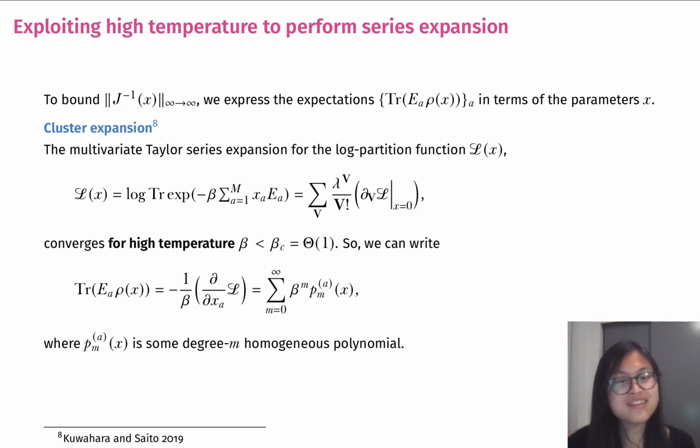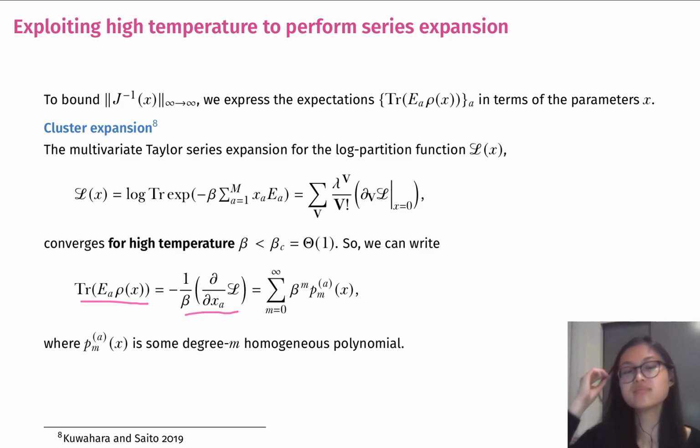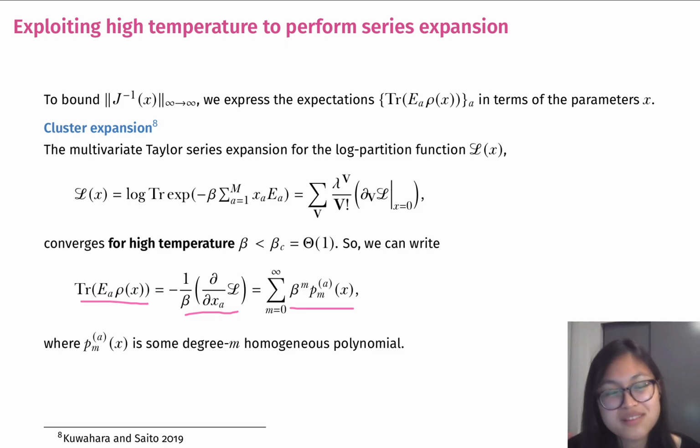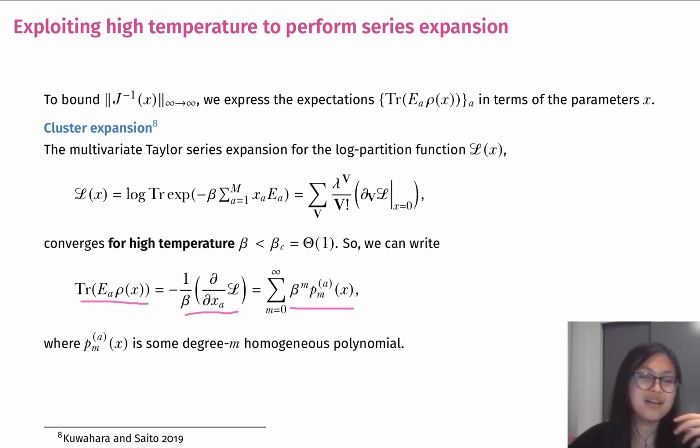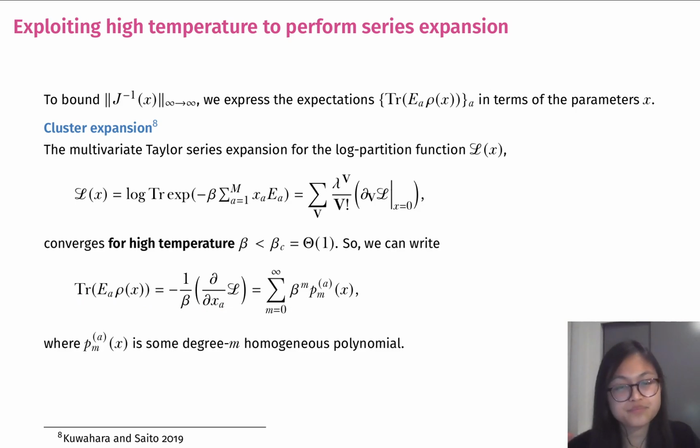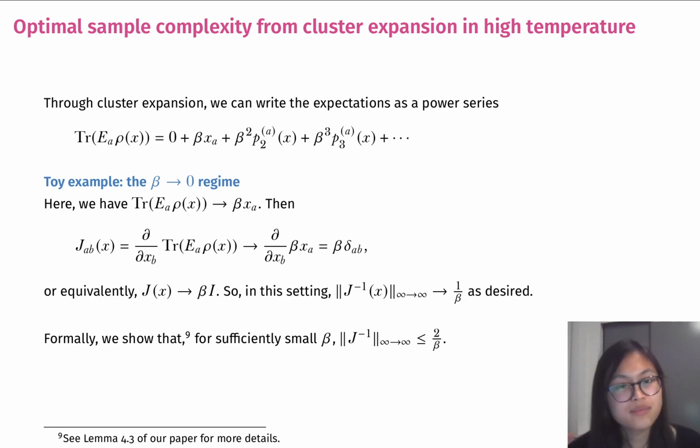And so we can write these expectations also as power series in the parameters, because they're just derivatives of the log partition function. So in this way, we have a power series representation for these expectations. And this is relating the parameters to the expectations in a very concrete way. And so I've just rewritten it here and written out the first couple of terms.